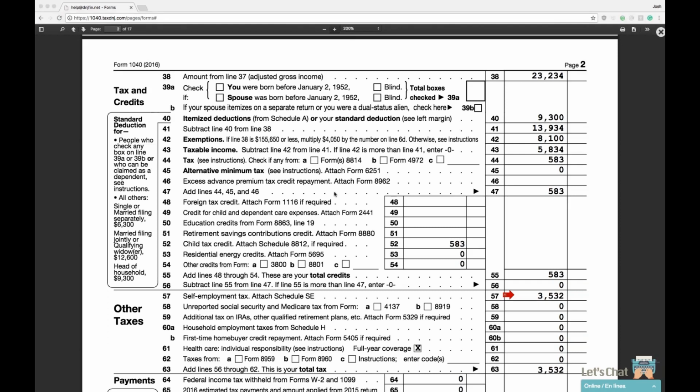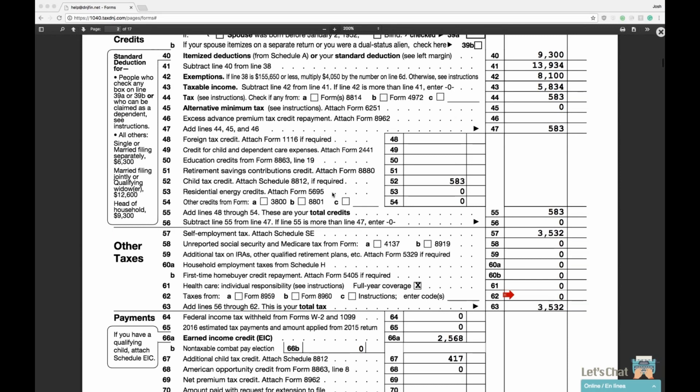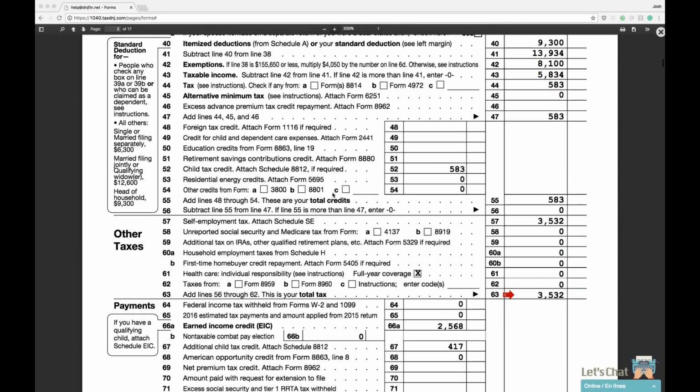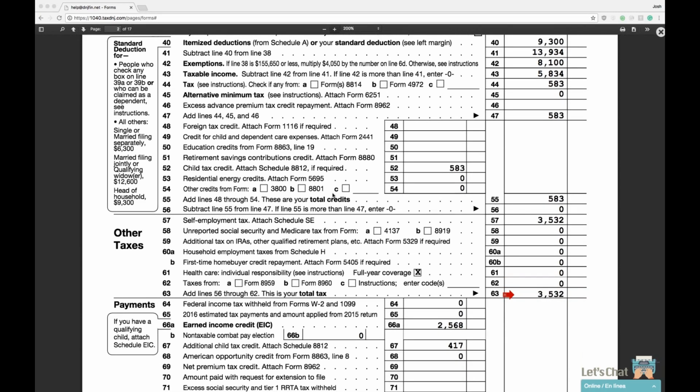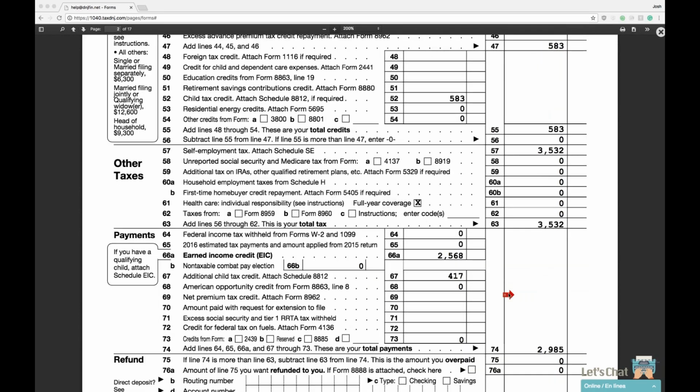Now we know that the customer owes $3,532 in self-employment tax. He owes that. There you go. But the customer can have that reduced by simply applying the rest of the payments. So what are the rest of the payments?